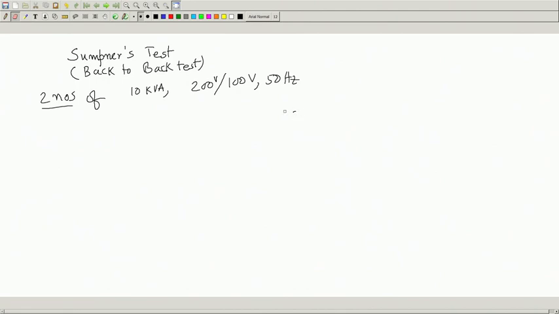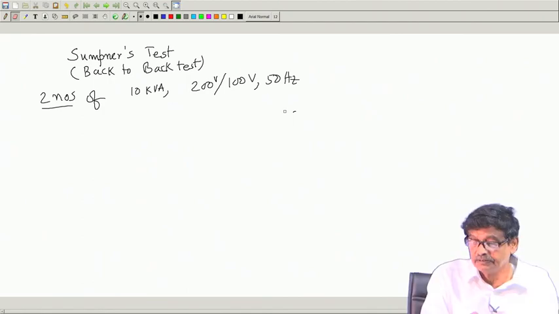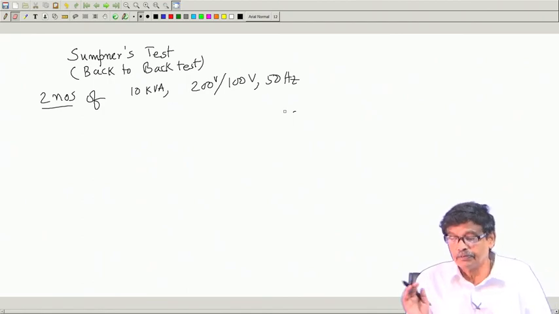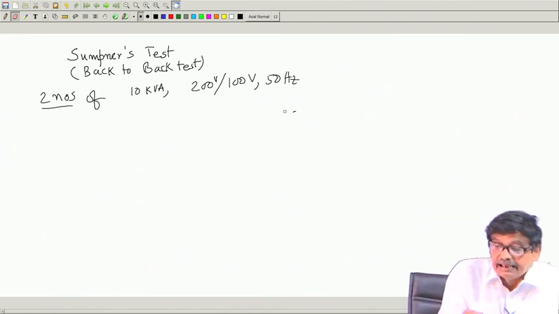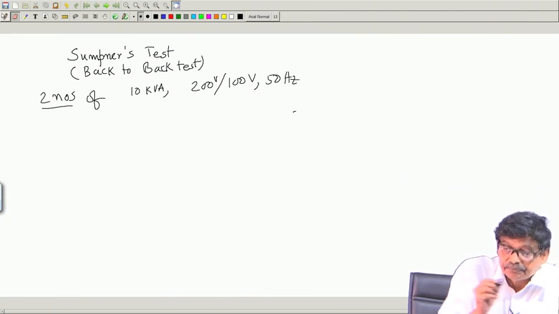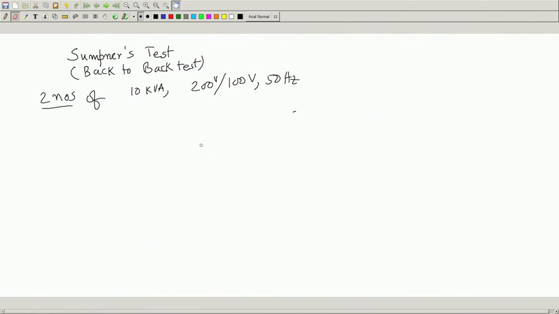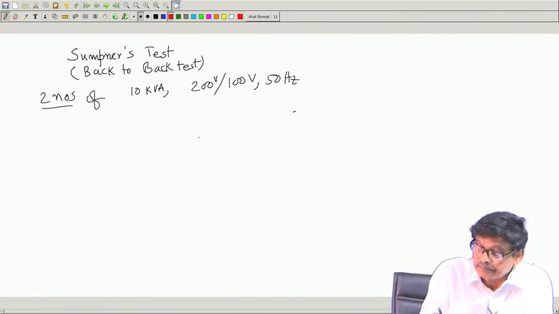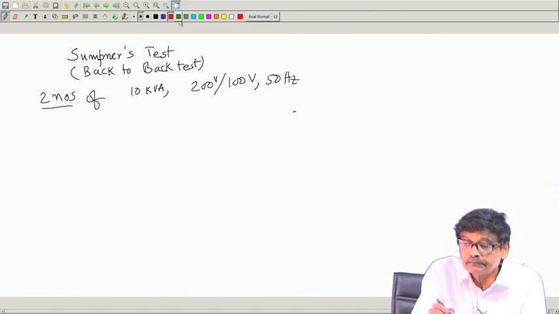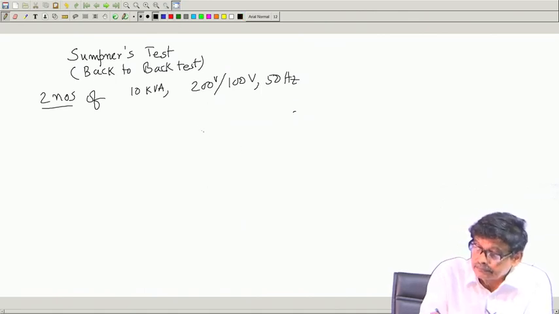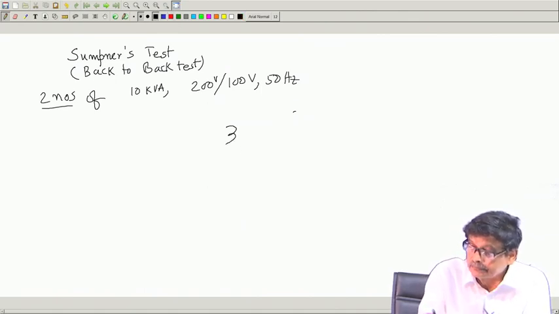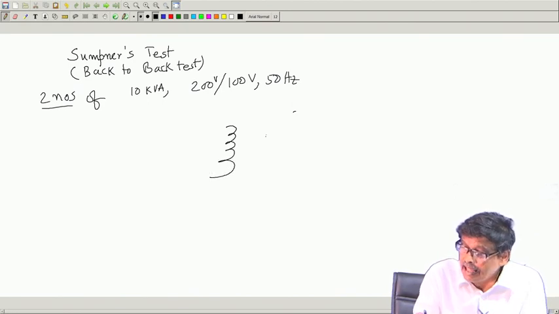Now, coming back to the Sumpner test. You take two similarly rated transformers, and then connect them like this. This is one transformer, and its secondary is here.